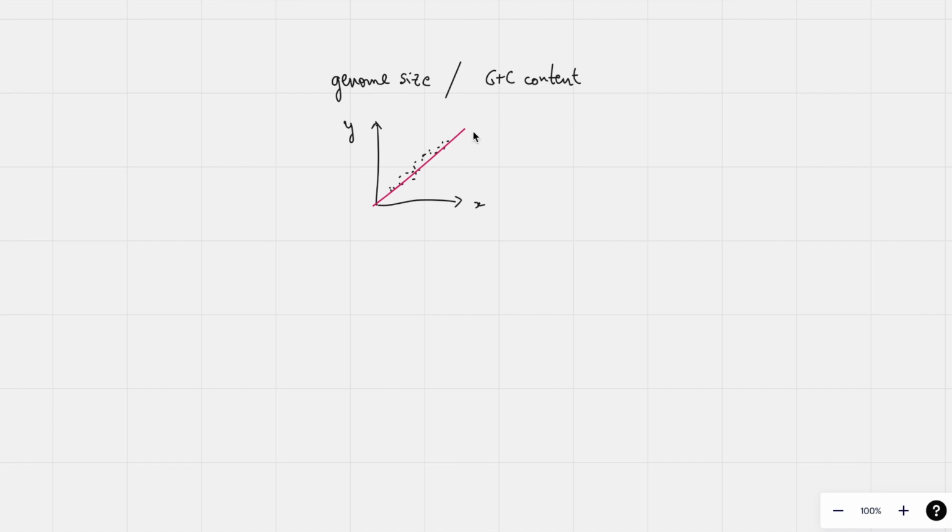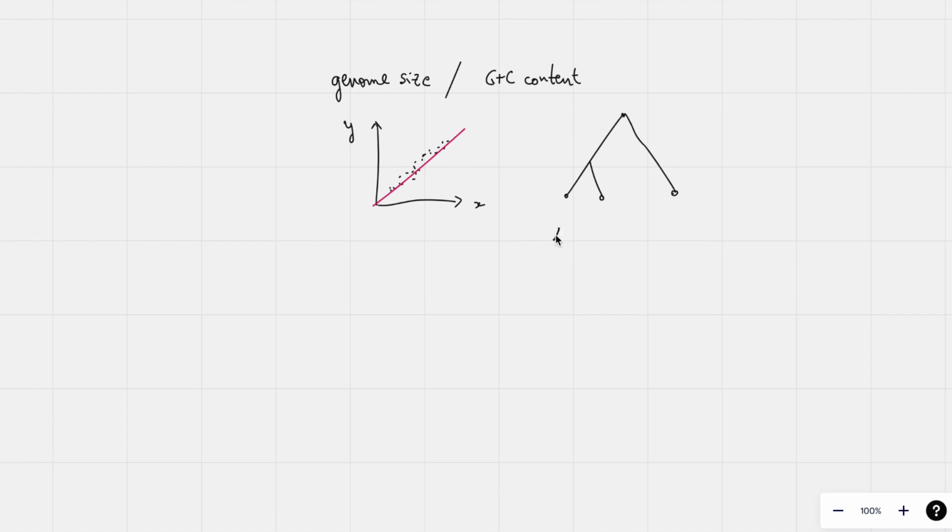So what's the problem if we work with something like the genome size and the GC content? Well, we have to work with species, with entire genomes, which means that they are the product of evolution. So let's see a little bit what would happen if we were to draw the evolutionary tree of the different species we're interested in. So it would have a certain tree structure here with an ancestor and maybe 3 data points.